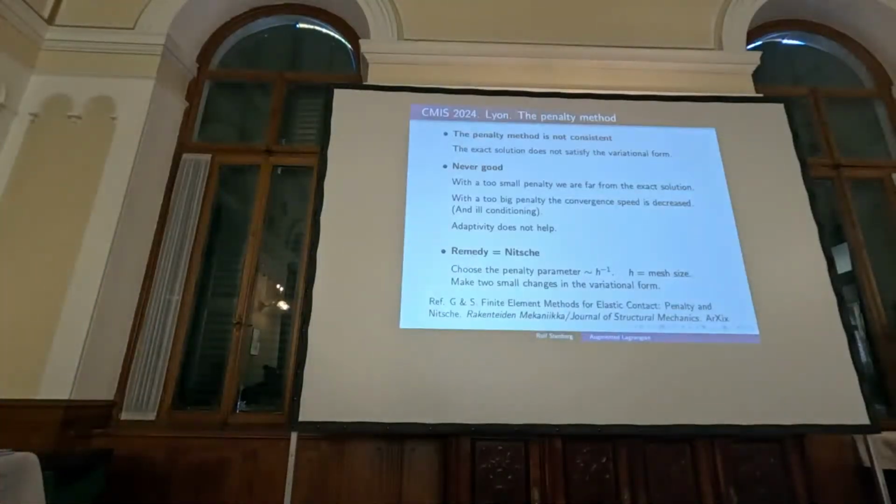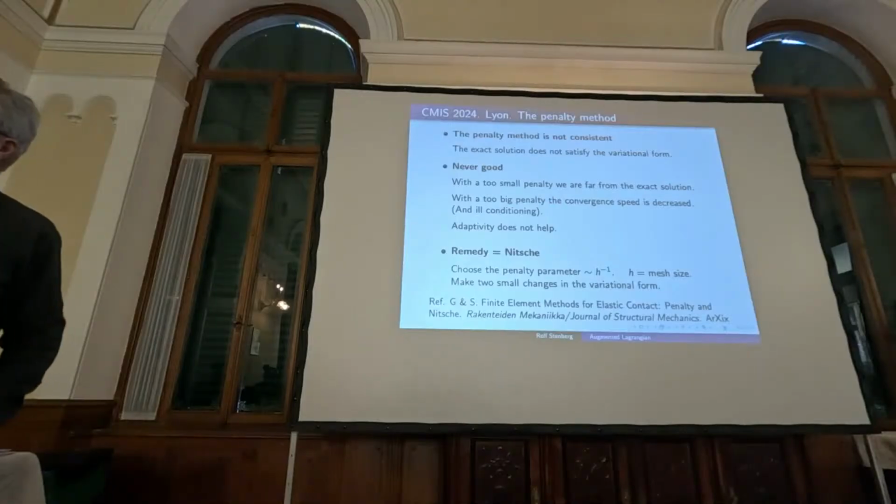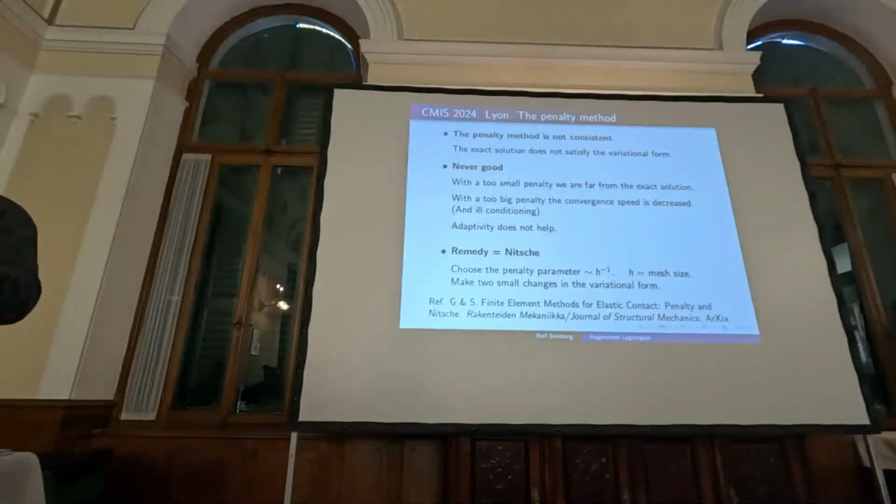And the message is that the penalty is never good. So with a small penalty, we are far from the exact solution, and with a big penalty, now I'm talking about the convergence speed of the finite element method. If you had a computer with infinite precision, the result wouldn't even be good. And on top of that comes the ill conditioning.